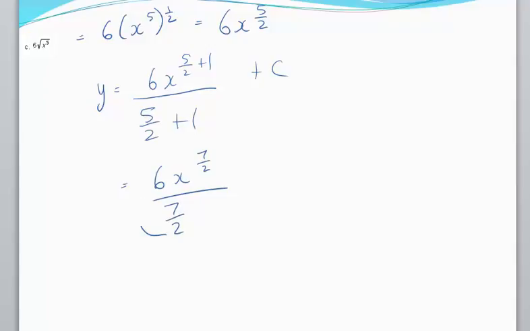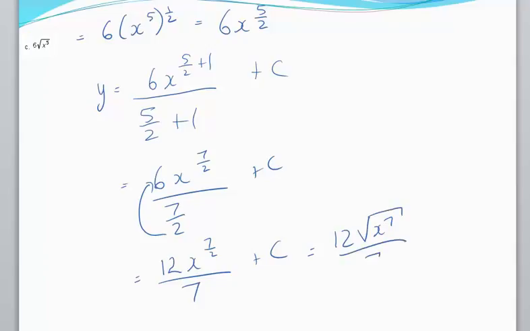We can take our shortcut from before, plus our constant c. So it's going to be 2 times 6 is 12, x to the power of 7 on 2, divided by 7, plus our constant c, and we can simplify this through, so we're going to say 12 root x to the power of 7 on 7 plus our constant c here, or we could leave it as before.